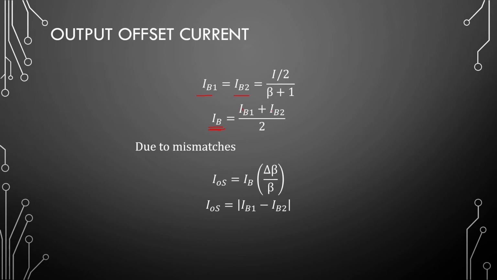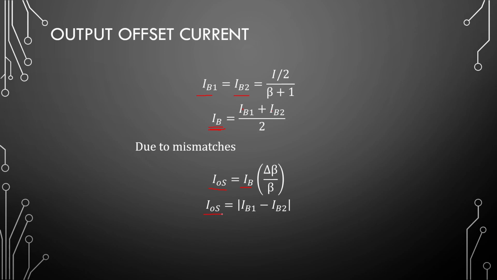So these two can be different. That is our mismatches of our beta values. So our offset current is our average base current multiplied by the percentage difference in our beta value.